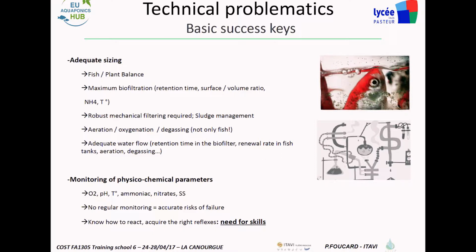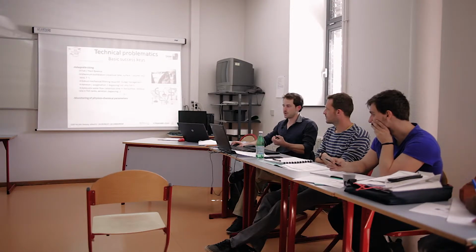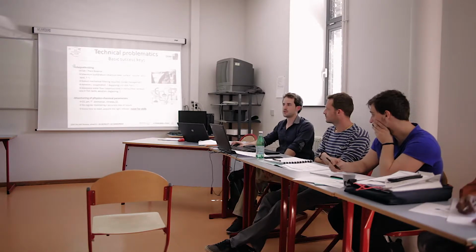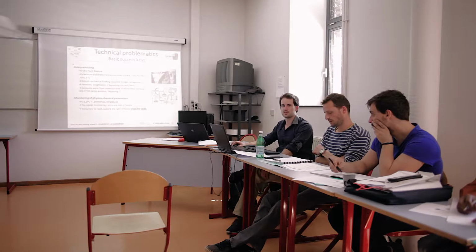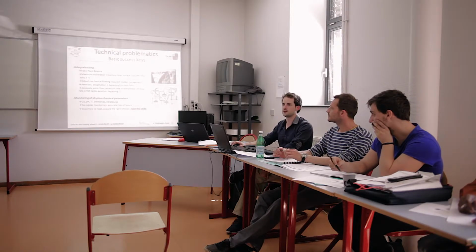And also adequate water flow and a renewal rate in fish tanks to allow good aeration. It's really an introduction part, so you will have more explanation, I think Wednesday, with Sébastien Stoll, who will talk to you about RAS and different elements of sizing for RAS.